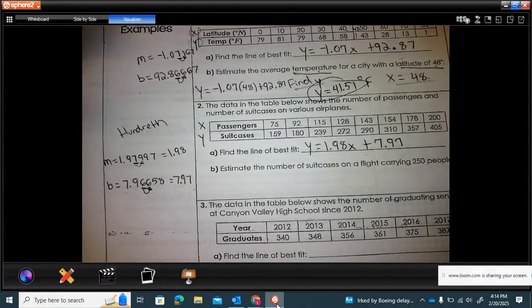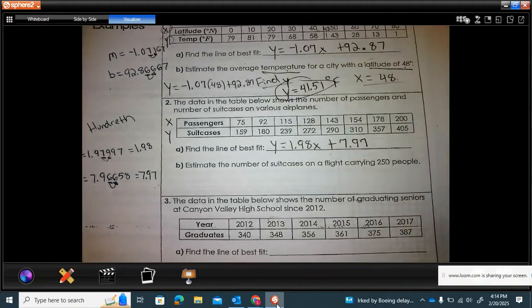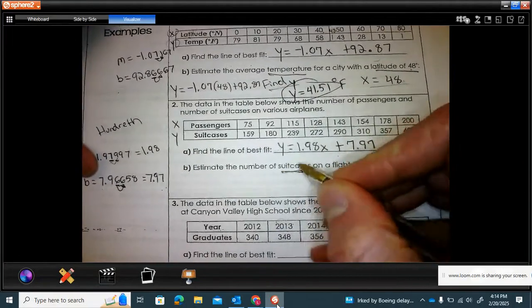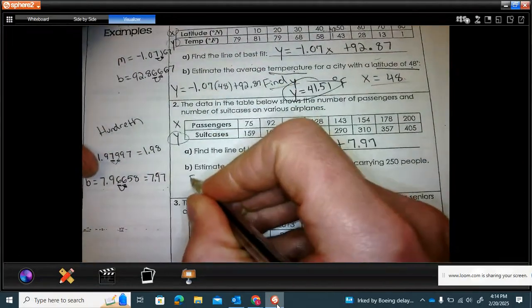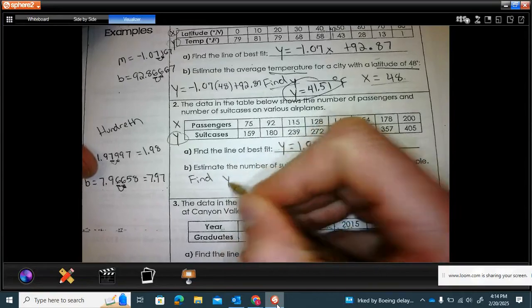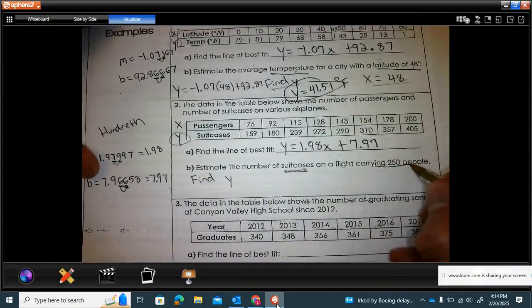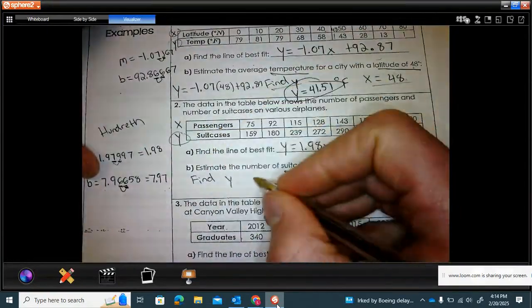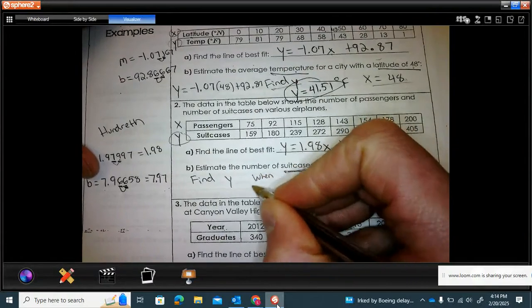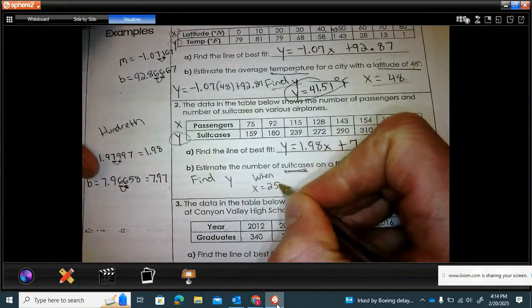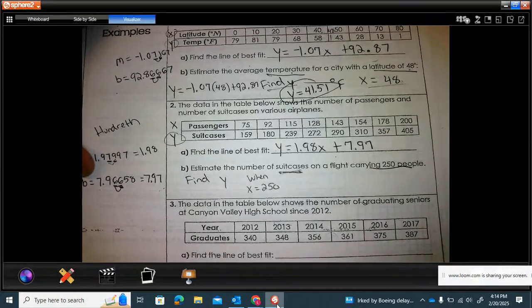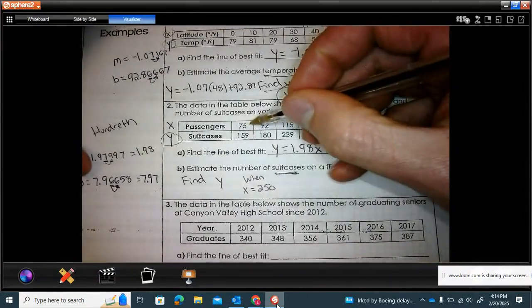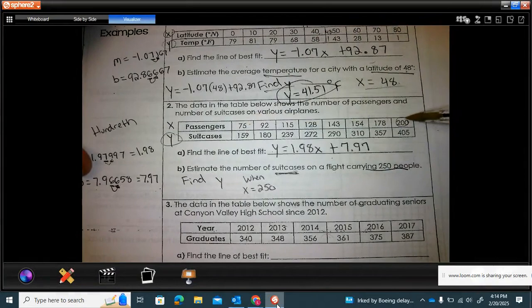So now what we need to do is estimate the number of suitcases on a flight. So suitcases is y. Now it's saying find y when you're carrying 250 people, when x equals 250. You do the same thing that we did before. You do not have data for 250 people. You only have data for 200.